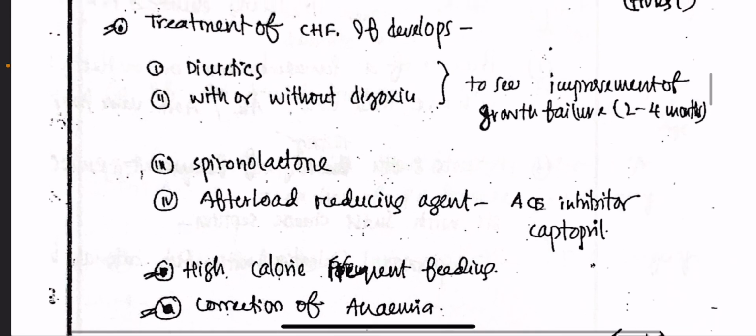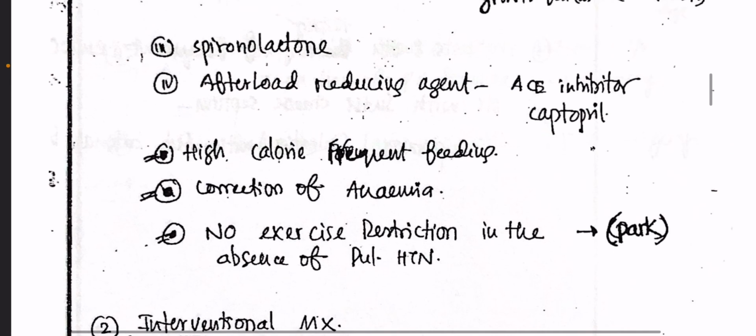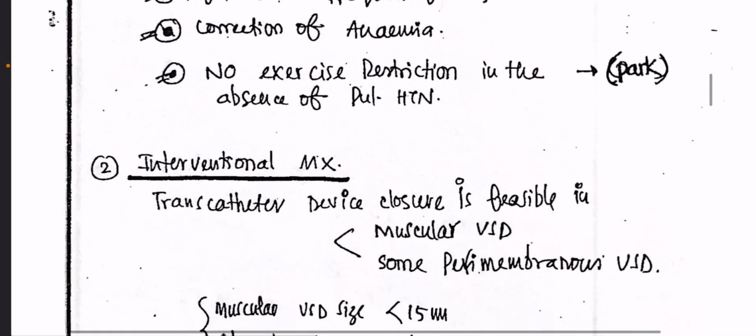This includes diuretics with or without digoxin, to see improvement of growth failure in 2 to 4 months. Spironolactone, afterload reducing agents such as ACE inhibitor, captopril. High calorie frequent feeding, correction of anemia. No exercise restriction in the absence of pulmonary hypertension.